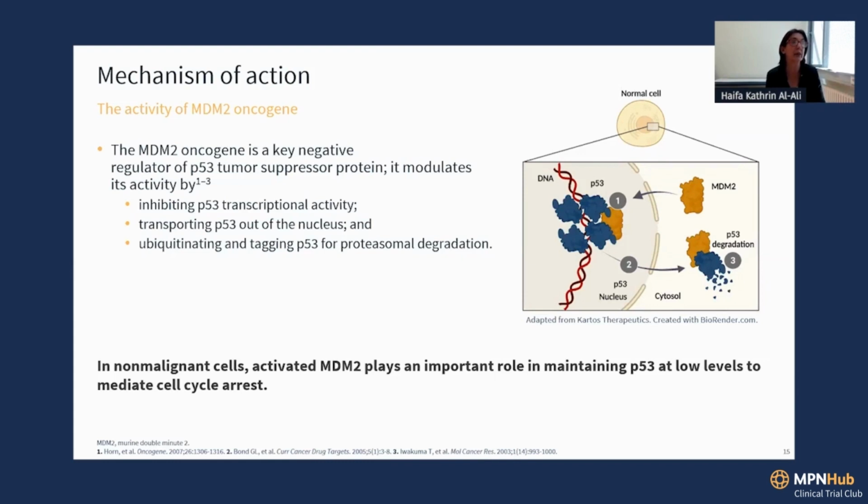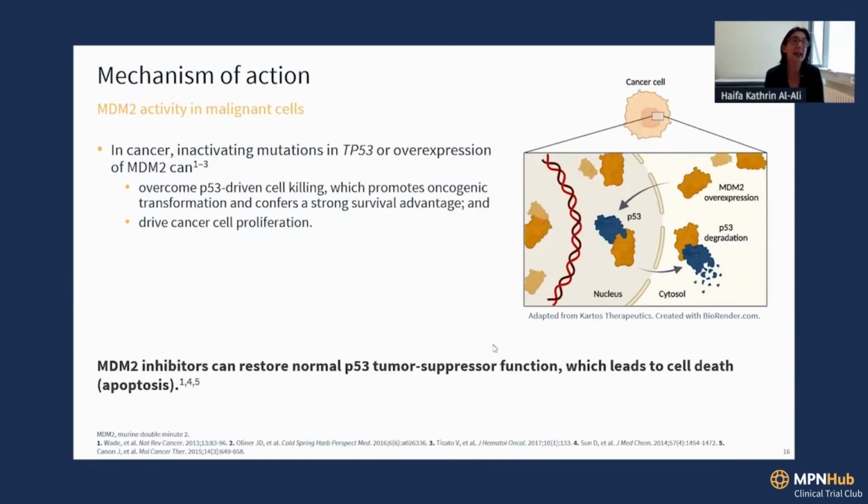Next slide, please. A cancer cell is a stressed cell with a lot of DNA damage. And what happens here, usually, in many cancer cells, we have a dysregulation of p53 function, either because of the presence of an inactivating mutation in the TP53 gene, or we have an overexpression of MDM2.